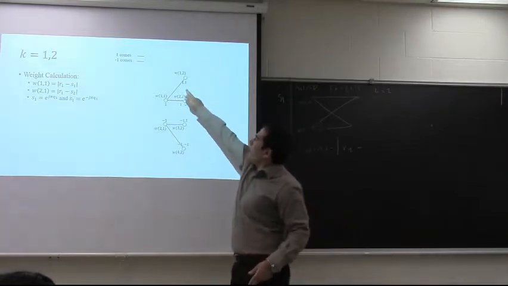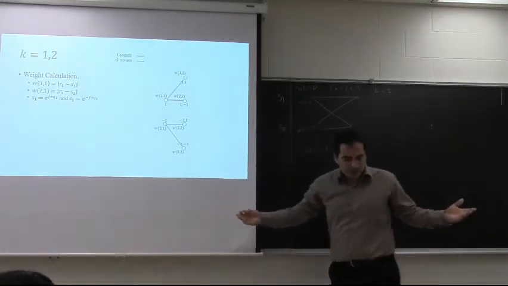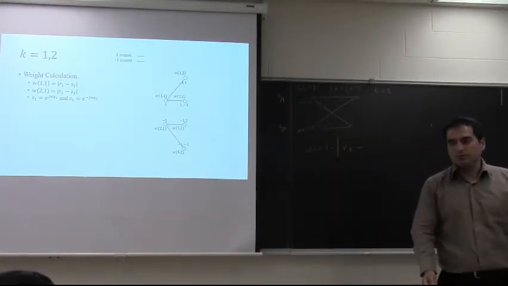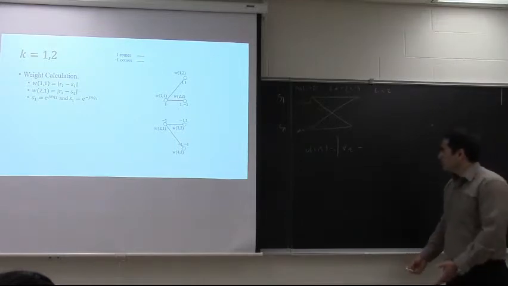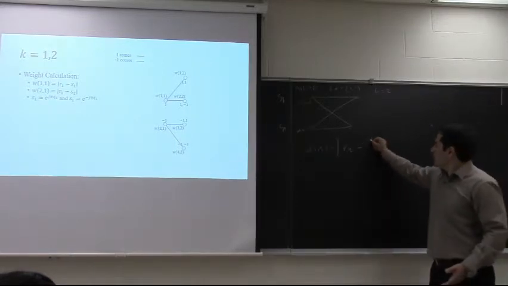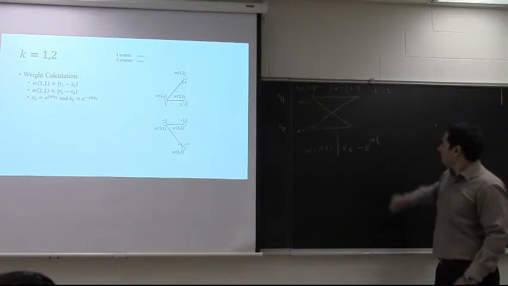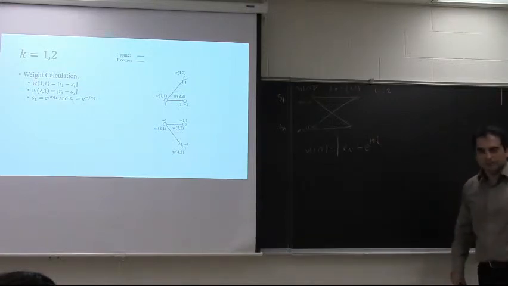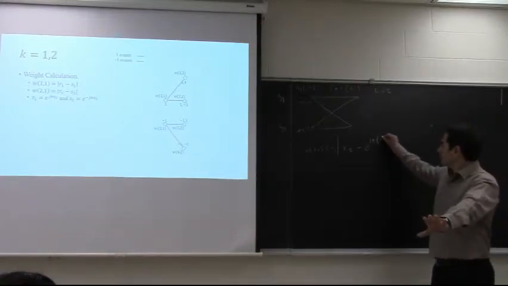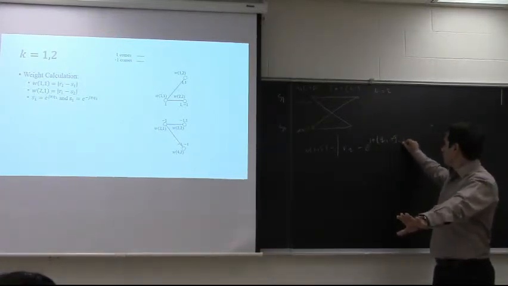Okay, you have 1, 1. CPM signaling. What's your transmitted symbol? E to the j pi Q1 plus Q2.